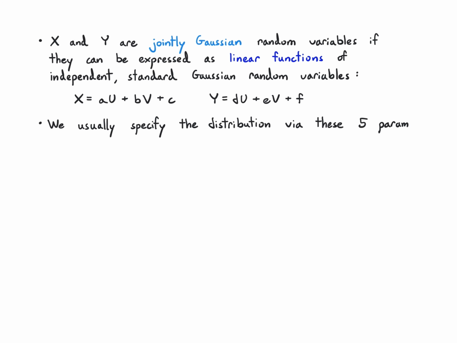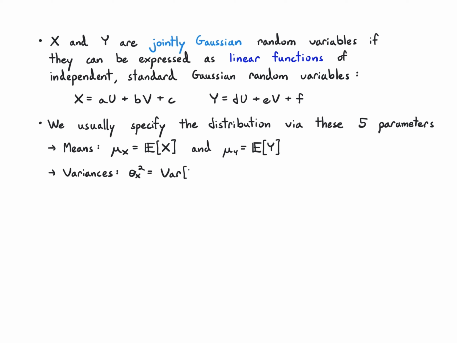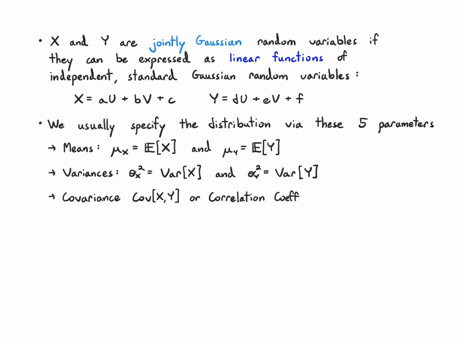So usually we would just give the means: mu x, which is the mean of X, and mu y, which is the mean of Y. The variances, sigma x squared, which is the variance of X, and sigma y squared, which is the variance of Y. And then either the covariance or the correlation coefficient, which is just the covariance divided by the square root of the product of the variances. So either of these suffices because from the covariance you can get the correlation coefficient, and from the correlation coefficient you can get the covariance.